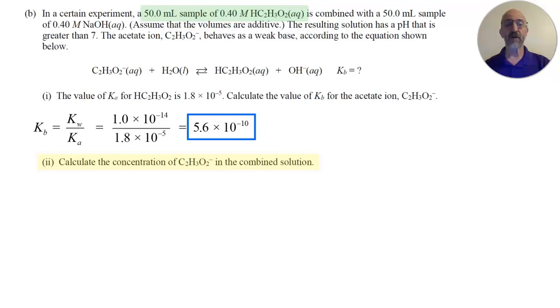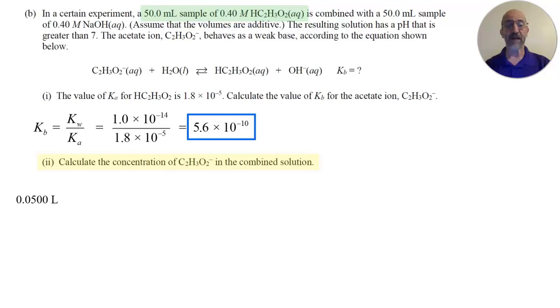First, let's figure out the moles of each of the reactants, and then we can determine what happened to produce the acetate ion. So I'll do volume times molarity like I did in question 1. So volume of 50 in liters is going to be 50 milliliters divided by 1,000. That's going to be 0.0500. So there's my volume in liters, 0.05.